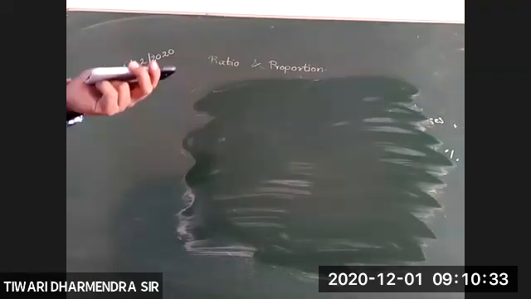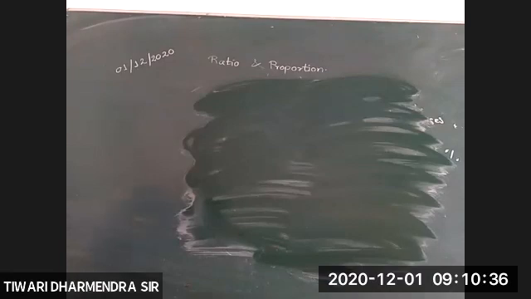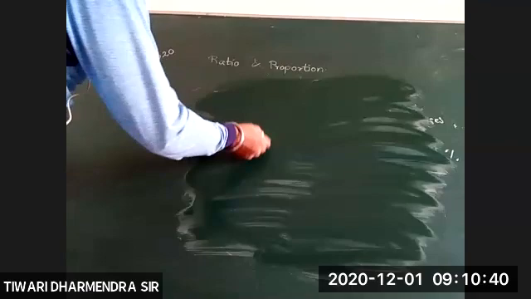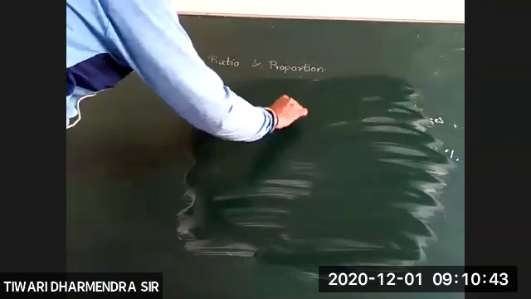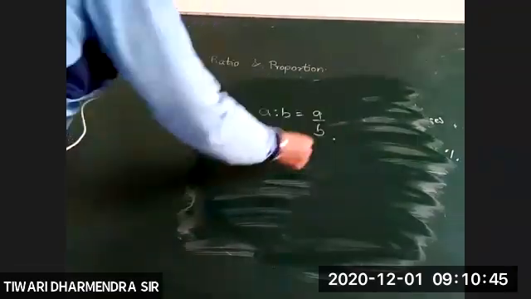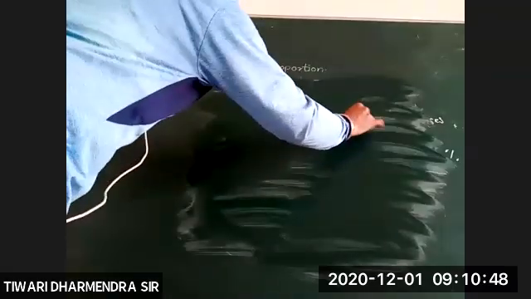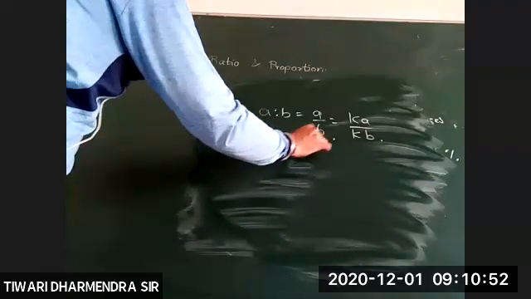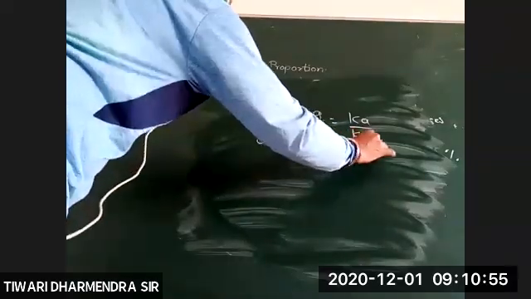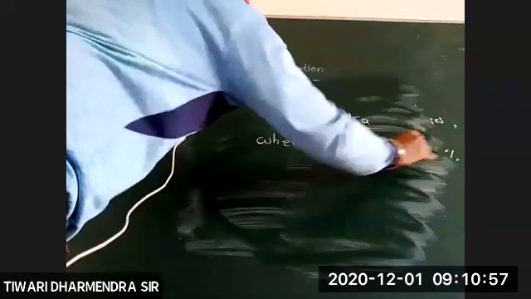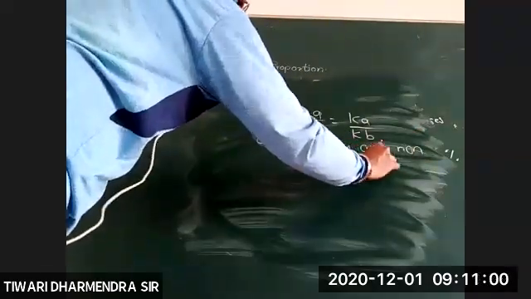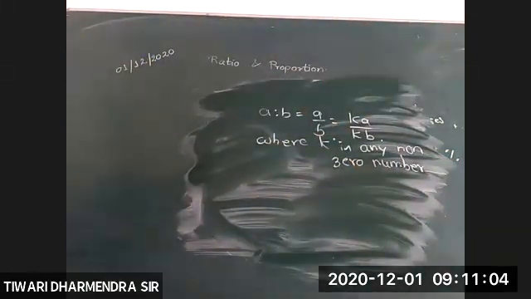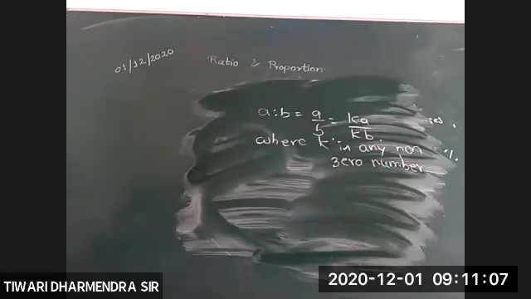We have done such examples also, but I will repeat it again. For example, in general, A is to B, that is A by B, is the same as KA by KB, where K is any non-zero number.